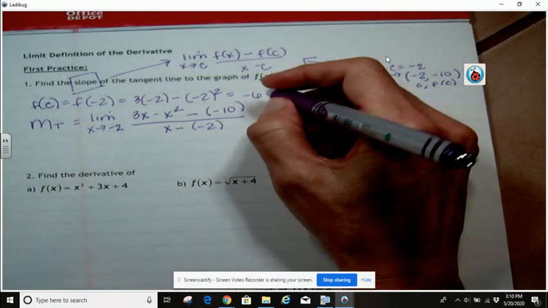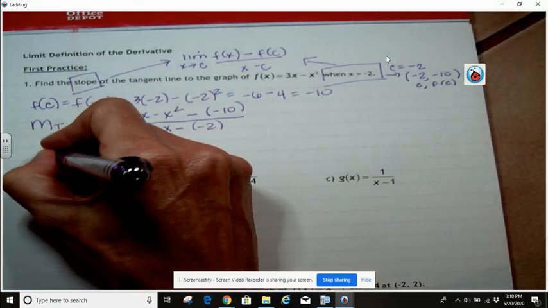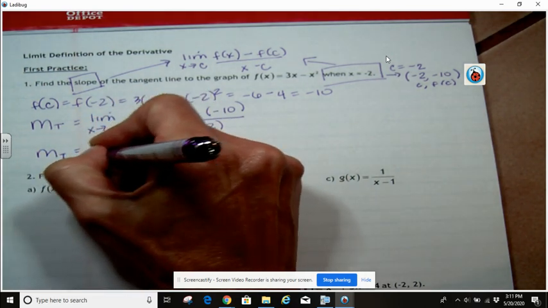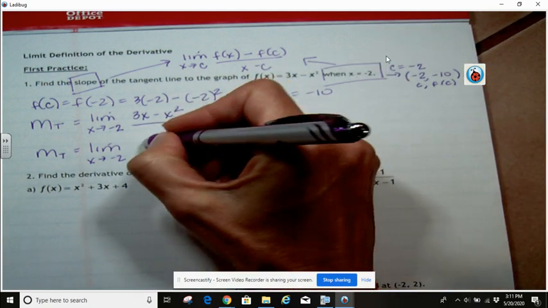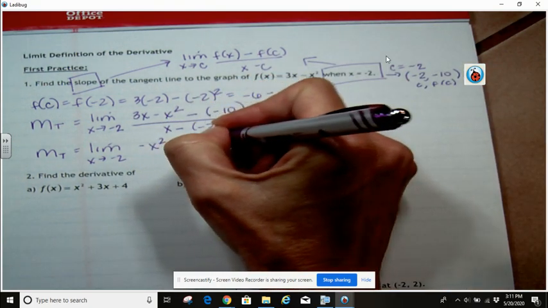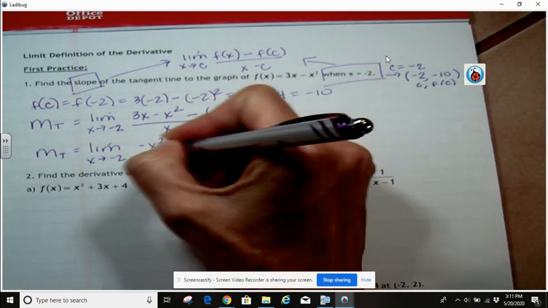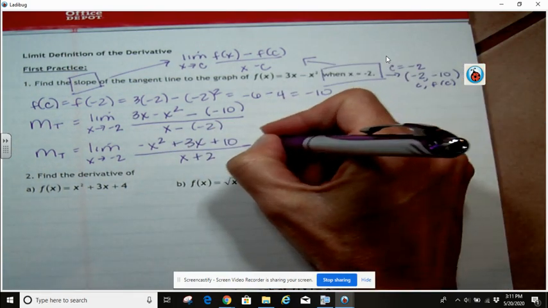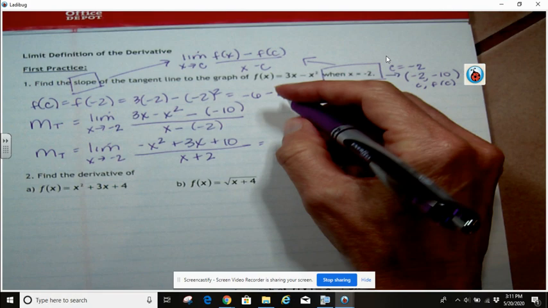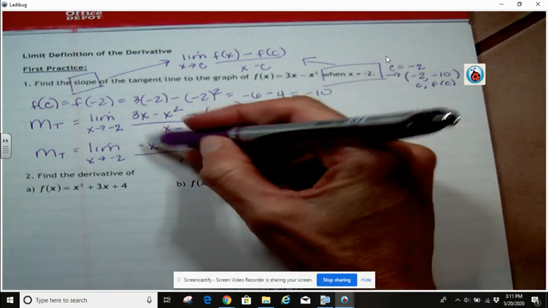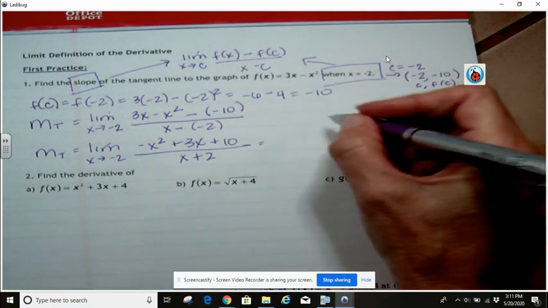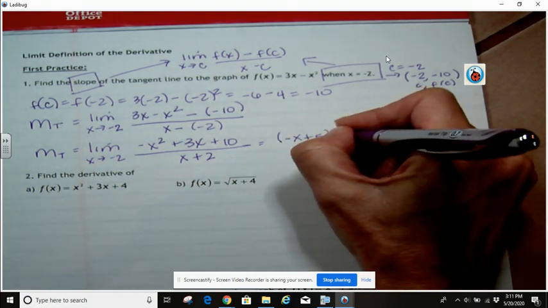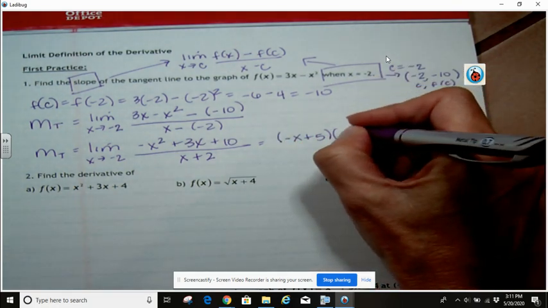So we've got negative x squared plus 3x plus 10 over x plus 2. And we can factor that numerator. I tend to not like to have my squared term negative, but it can be done. I find it annoying.